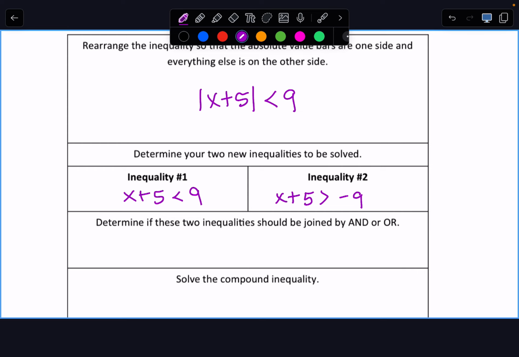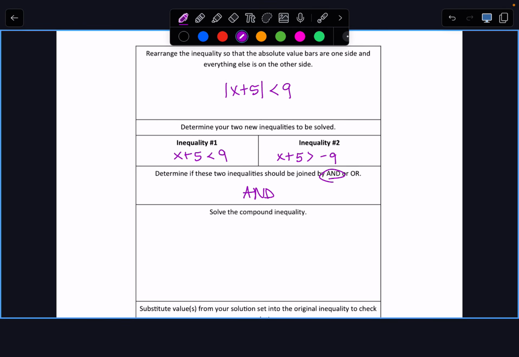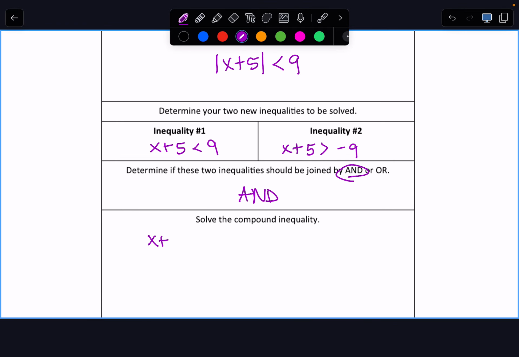Great, or, less than. Okay, so if we have x plus 5 is less than 9 and x plus 5 is greater than negative 9, we do have two different inequalities we need to do more algebra with.